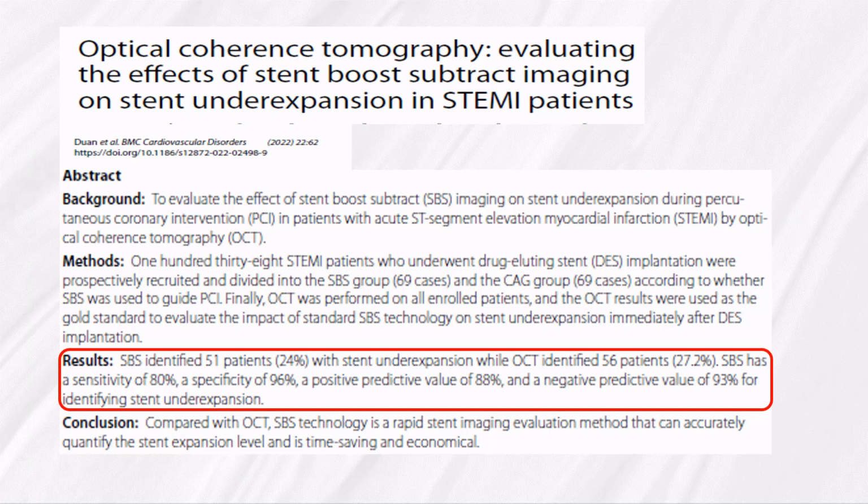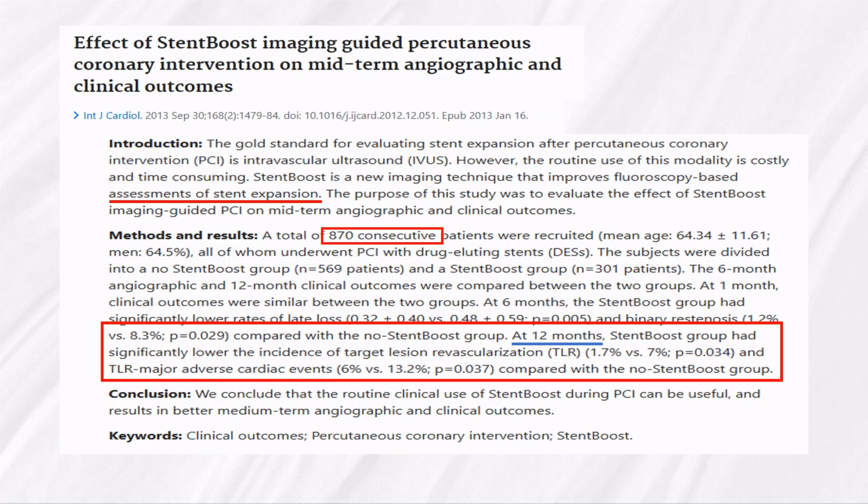It also correlates well with OCT in detection of underexpansion. In this study, more than 850 patients with 12 months follow-up, the stent boost group had significantly lower incidence of lesion revascularization and adverse cardiac events compared with the no stent boost group due to detection of underexpansion.